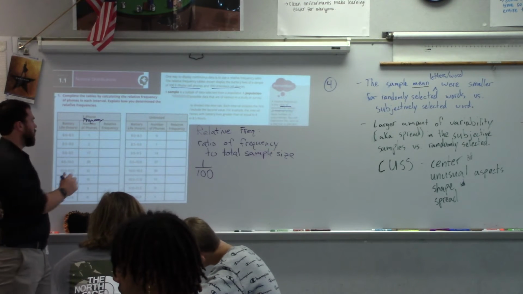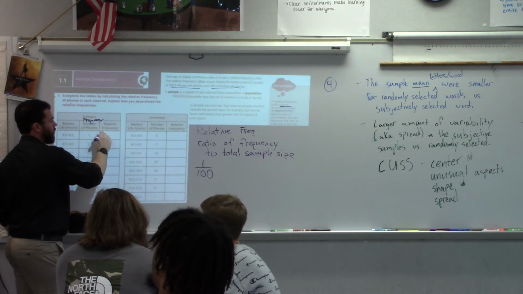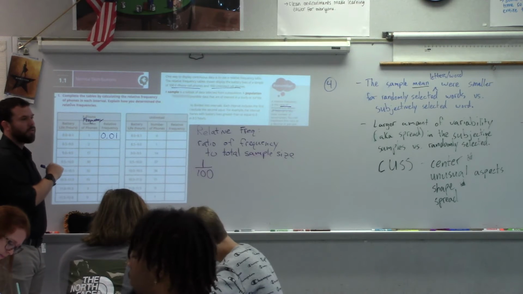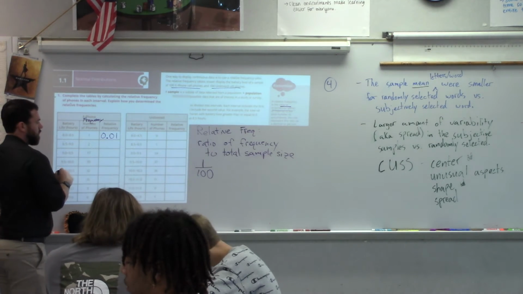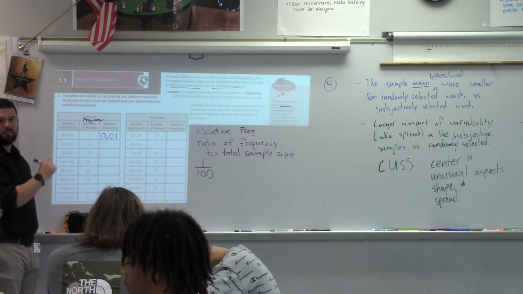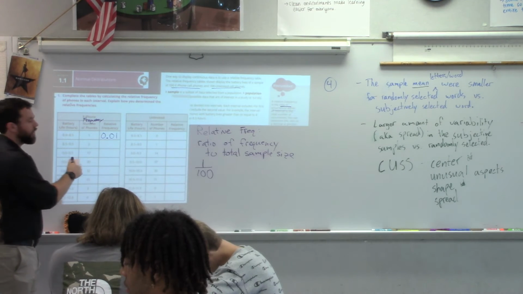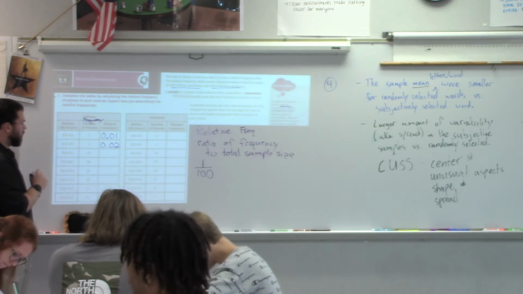So that would be 0.01. I'm always going to put that 0 in front just to help make sure that's clear. So the next one would be 2 out of 100, so 0.02. I mean, 0.2, my bad.